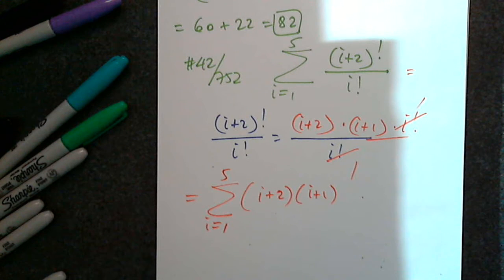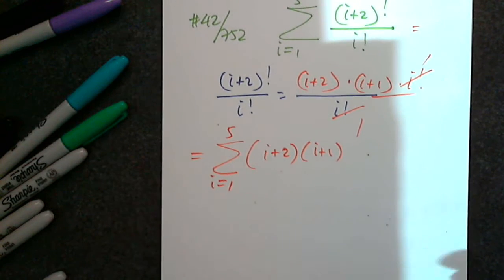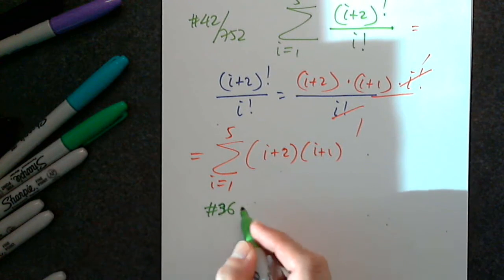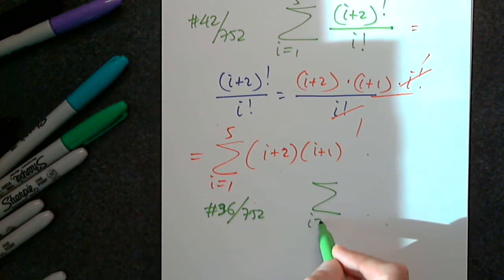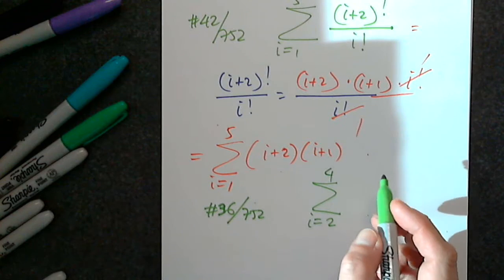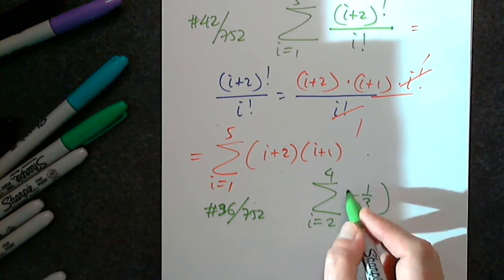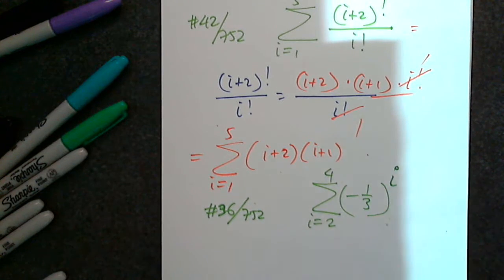I think we should look at least one more. Please choose if you'd like, or I will. What about 36? On the same page, 752. The sum from i equals 2 to 4 of (negative 1/3) raised to power i. So 36, so that was 110.